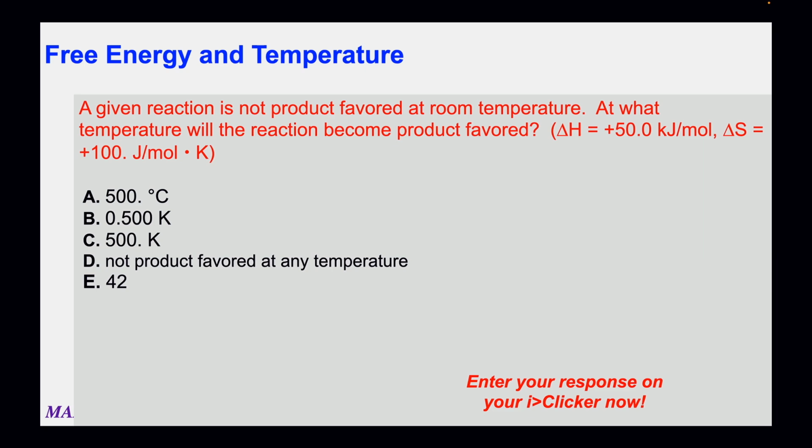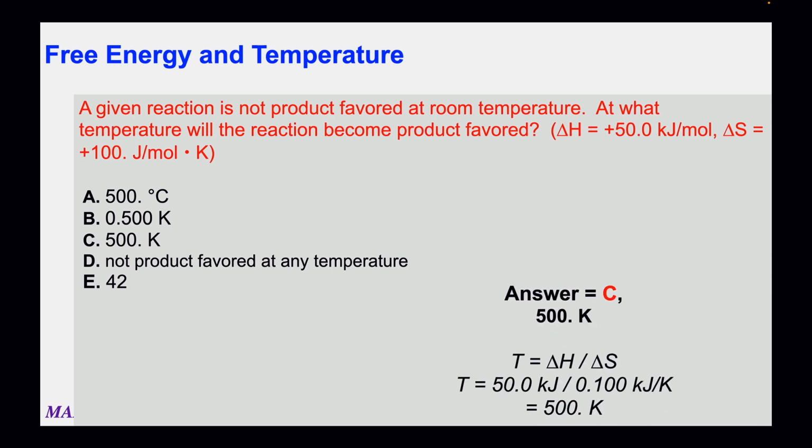You can translate to Celsius if you want to. So for this problem, it would be delta H, the 50 number, divided by delta S in kilojoules, which is 0.1, all right? 50 divided by 0.1 comes out to be 500, so the temperature here would be 500 Kelvin. And then at temperatures just slightly above that, you would have negative delta Gs. So if you want this reaction to go, you could have a temperature just a little bit above 500 Kelvin, and it would start to be spontaneous.